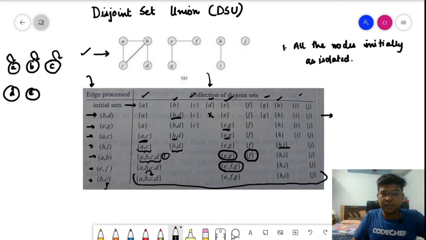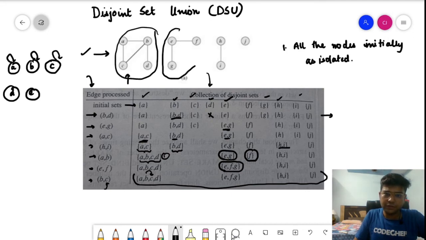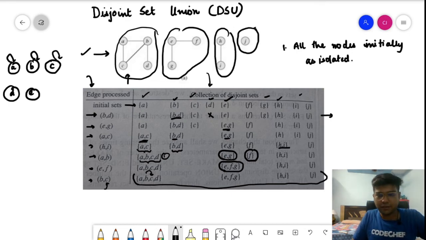These many components we will have. If we draw the graphical structure of these sets, it will be like that. This is one single component, this is the other component, and this is the other component, and this is one isolated node, and we'll take it as a component. So in all, how many components do we have? That is 4 components.